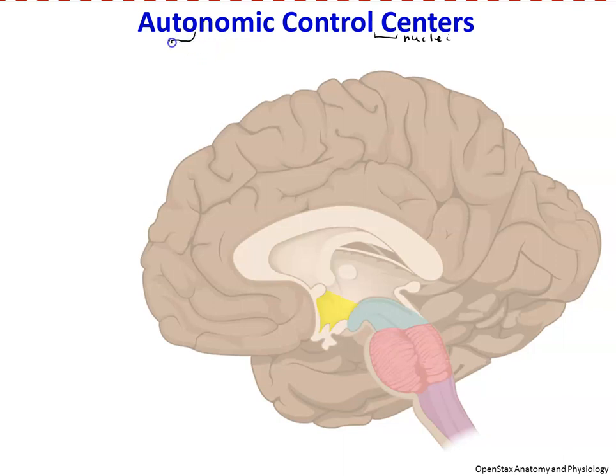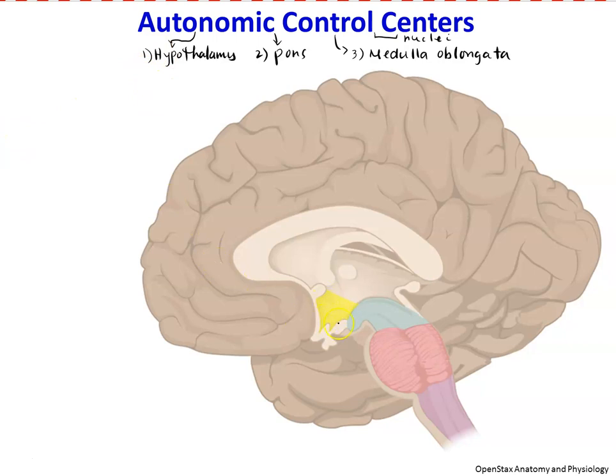Number 1, we're going to have the hypothalamus. Number 2, the pons, cute little pons. And then number 3 is going to be the medulla oblongata.